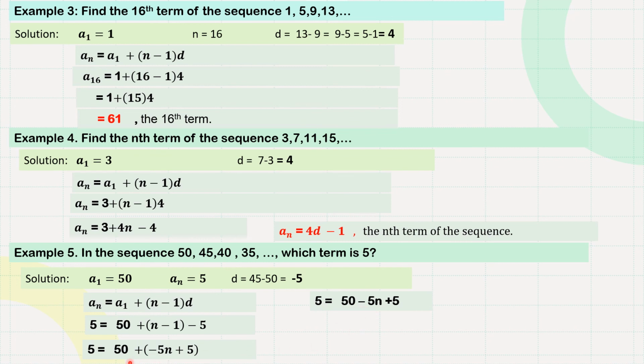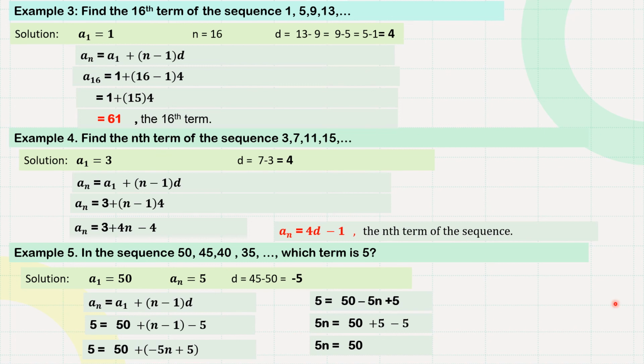Isa-isa talaga, kasi para to sa iba na nakakalimot sa integers. Next. Malinaw na yan ha. Ngayon, combine similar terms. Pinagsama-sama natin sa isang side ng equation ang magkakasimilar terms. 50, positive 5, tapos etong negative 5 na to, yung nasa left side. Once we transpose, mag-iba ang sign. Tapos, itong negative 5n, yung nasa right side, nag-transpose, positive 5n. Next, ito yung remaining. 5n equals 50.